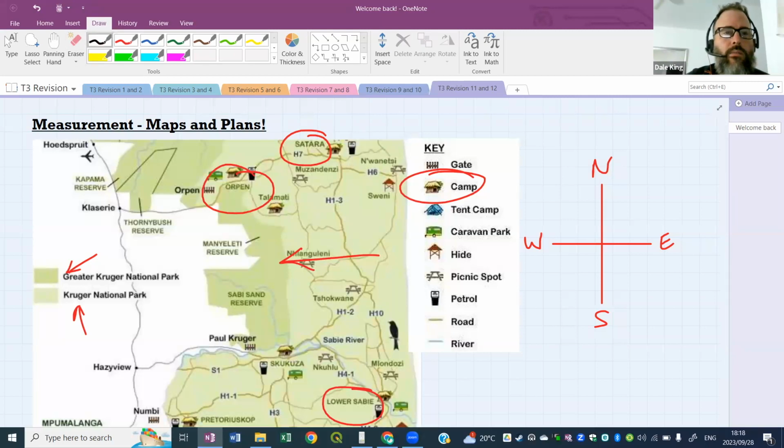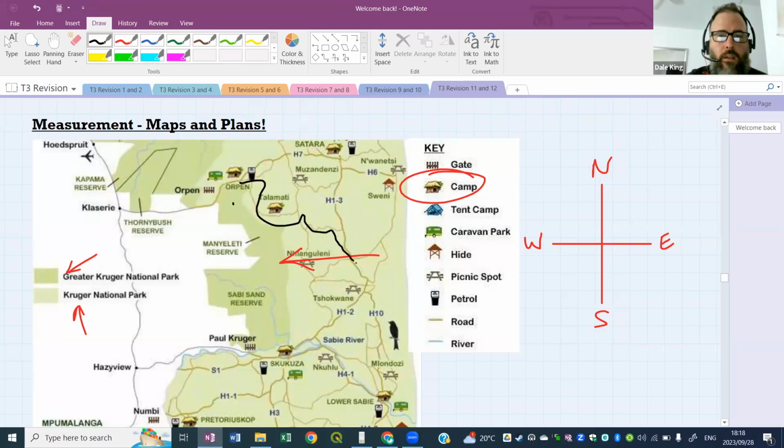Yeah, you'd have to, right? There's Orpin, there's the camp there. If you go from Orpin to Lower Sabi, you could go through this way and then down to the Lower Sabi. You could go past Talamati.